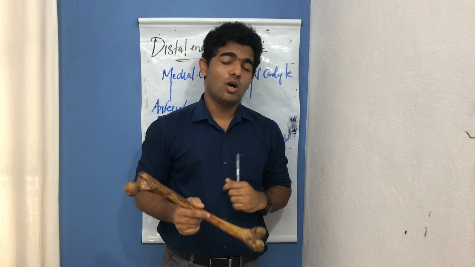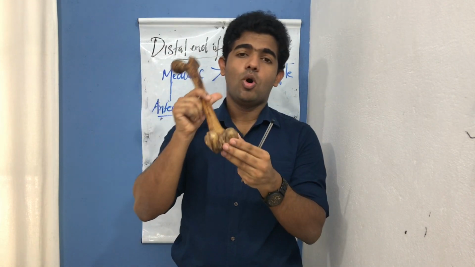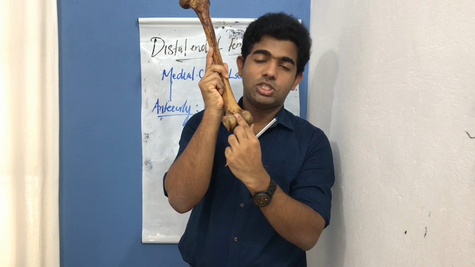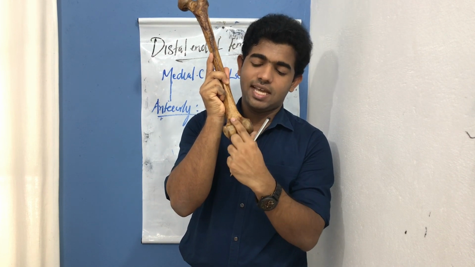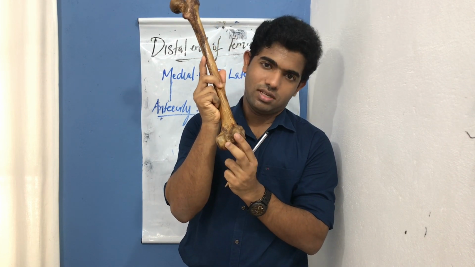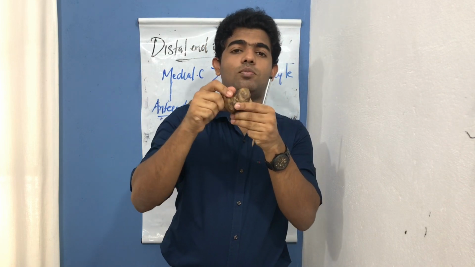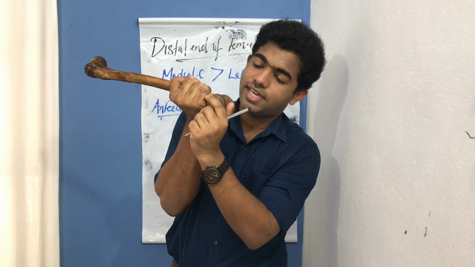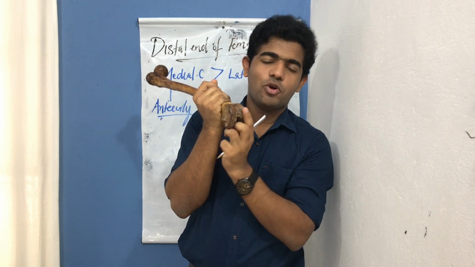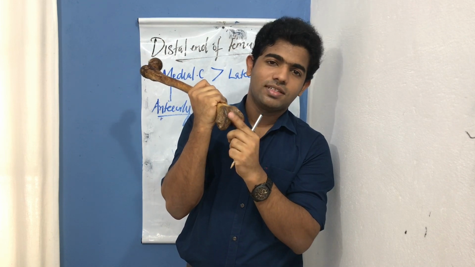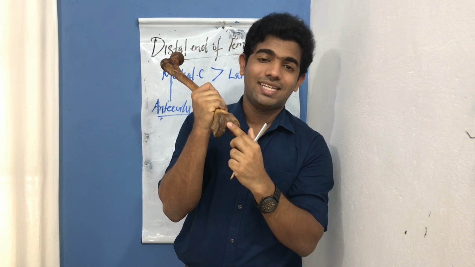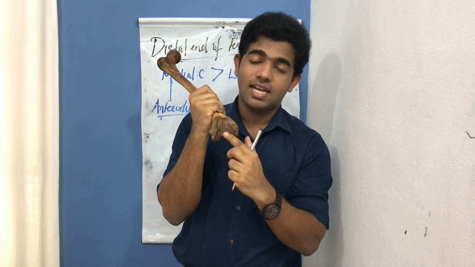Right? And now we have another thing, that both condyles are separated posteriorly by the intercondylar notch. This is the intercondylar notch. But posteriorly both condyles are separated, but when it comes together anteriorly, they are joined together by the intercondylar groove or patellar sulcus or patellar surface.